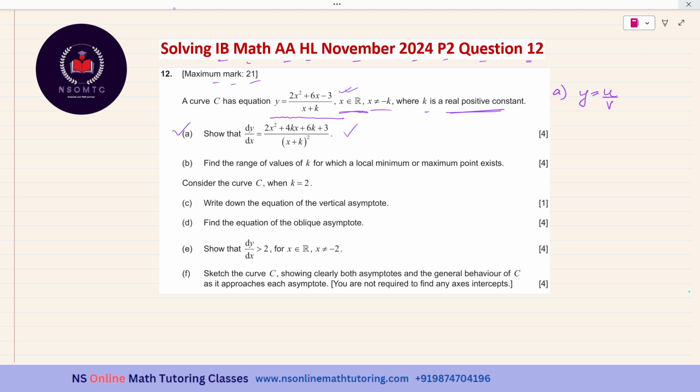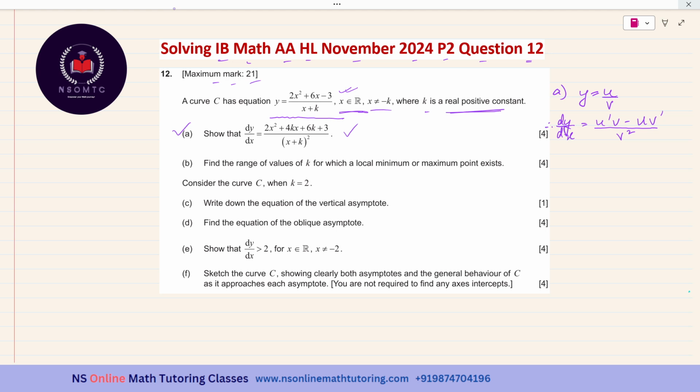So y dash or dy by dx will be equal to u dash v, u dash means du by dx, minus u v dash, v dash or v prime is again dv by dx, over v square. This is the formula for the quotient rule.